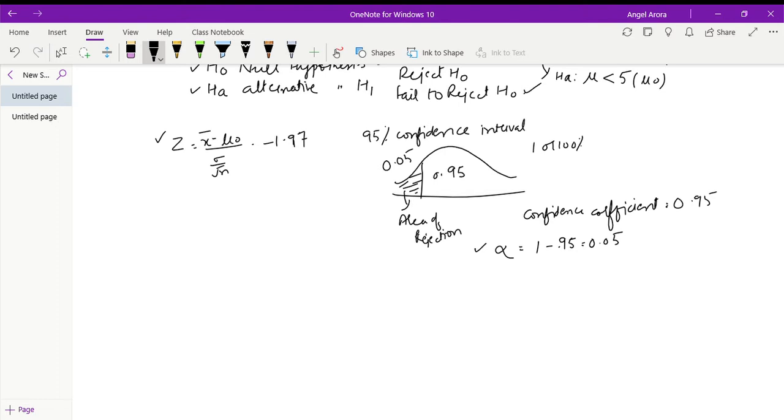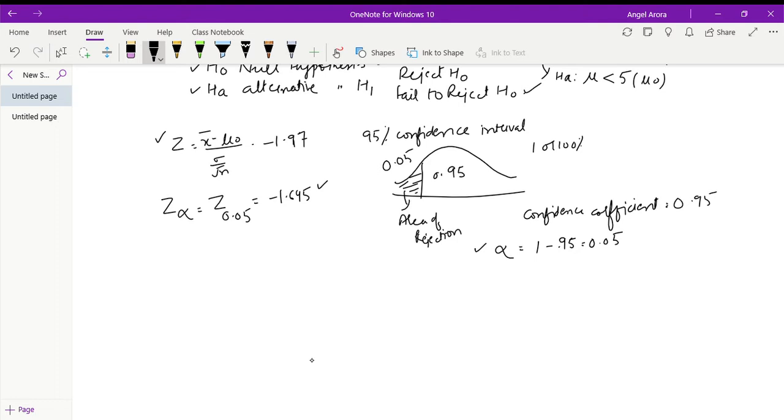So now we have to calculate the value of z alpha. What is z alpha? z alpha is z 0.05. Now I am simply telling you this value. This is minus 1.645. We have already done how to find the z value on the basis of alpha in our second video, but we will do it again while we are solving our problems in the later part of this video.